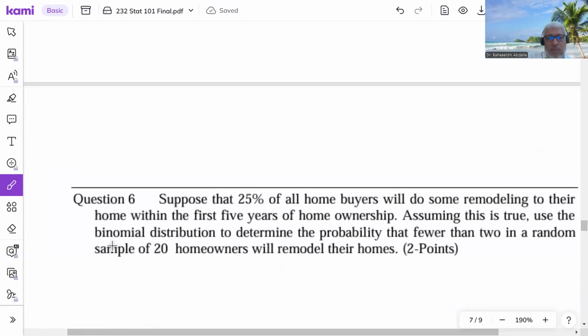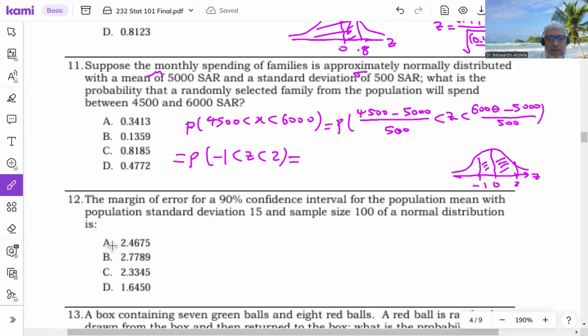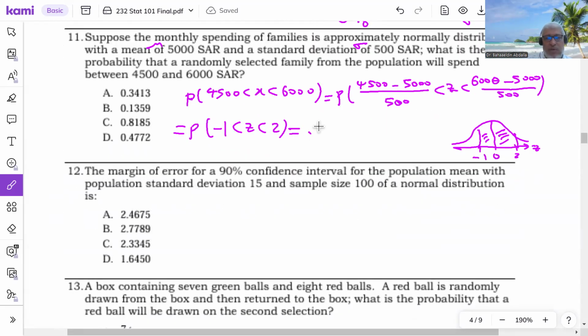So you can write the answer here. If you like, you can say 0.3413 plus 0.4772, and the answer would be 0.8185. So the correct answer is C.